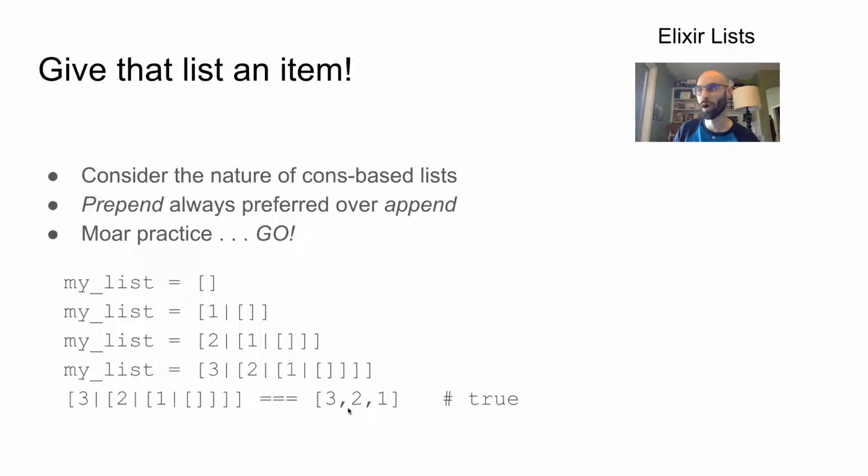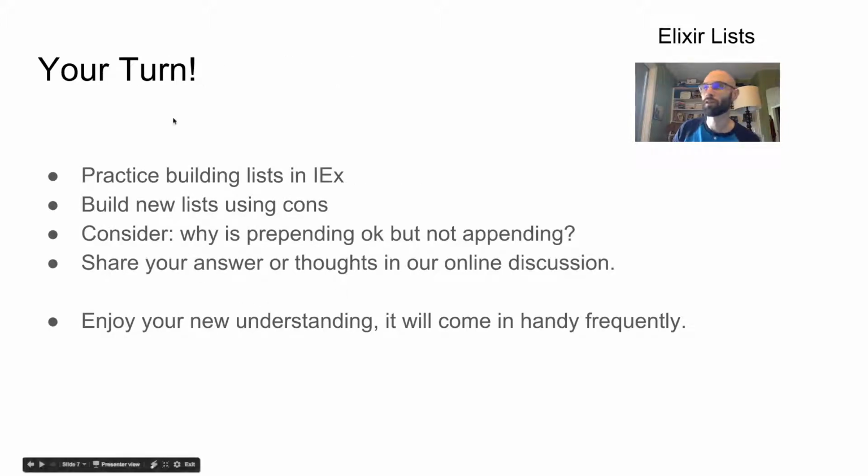Usually we're going to write this, the item that's on the right hand side. This cons operator becomes much more important when we're doing pattern matching, which is one of the next lessons. So let's go ahead and do this in IEx really quick.